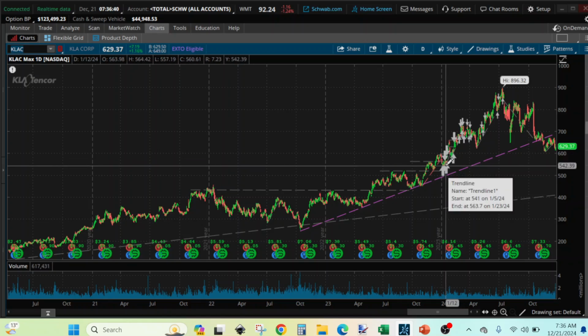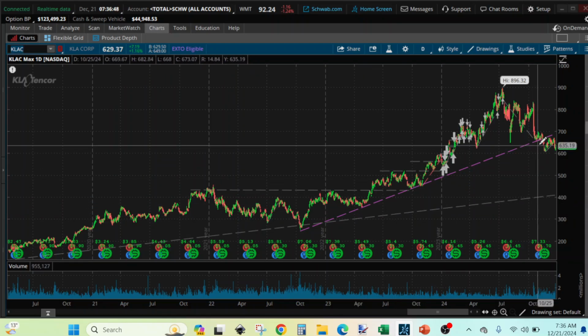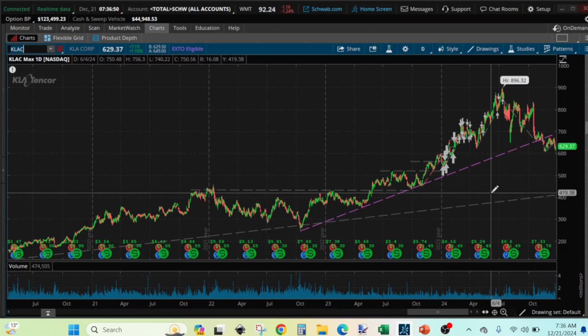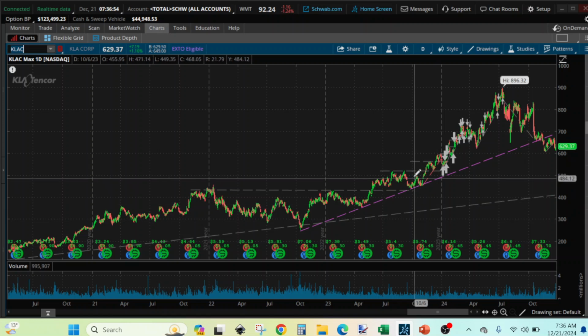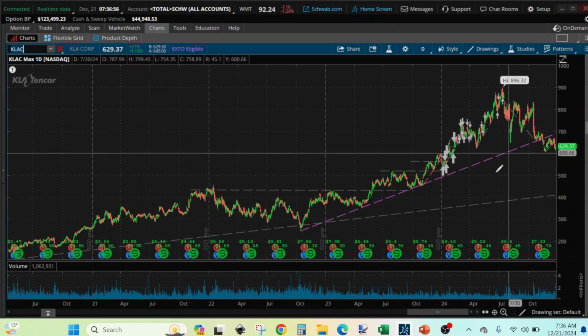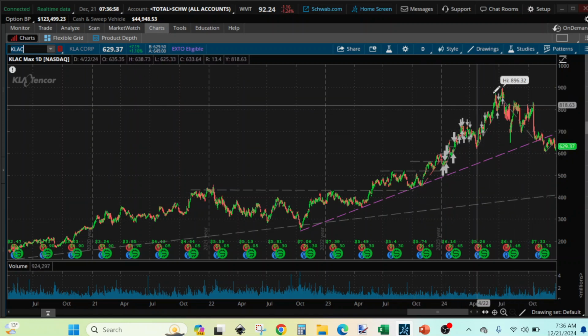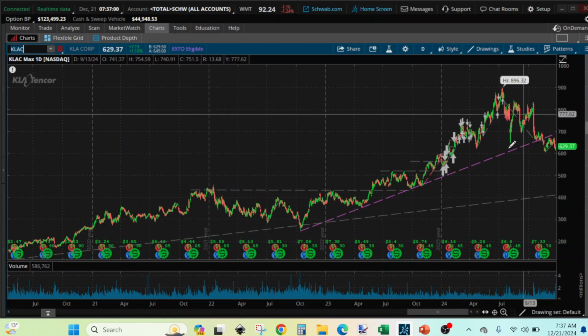So that is something to consider as well. I say it's not respecting its trend line, but it's not the only trend line it has. It does have a lower one. It just has a big split here that may not be an unusual thing for it.